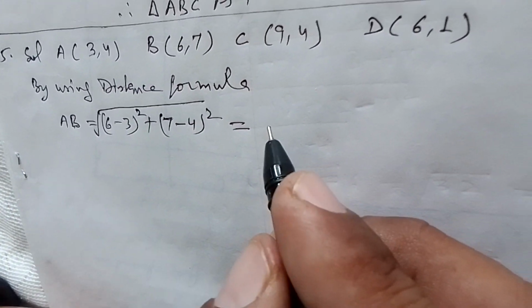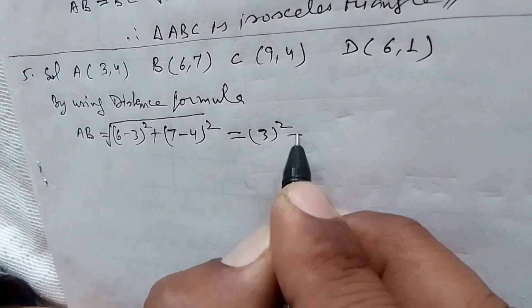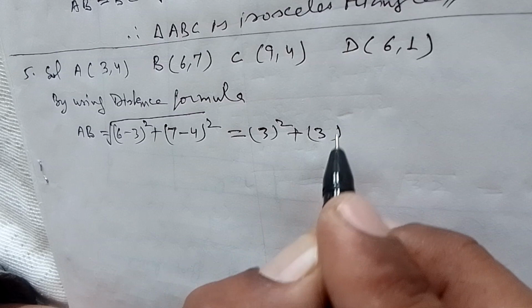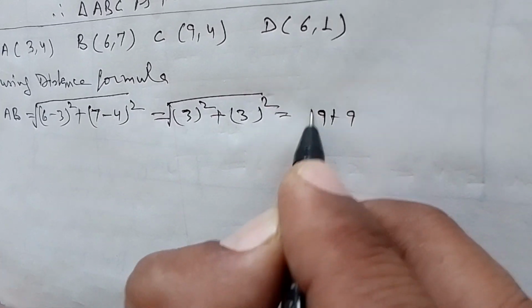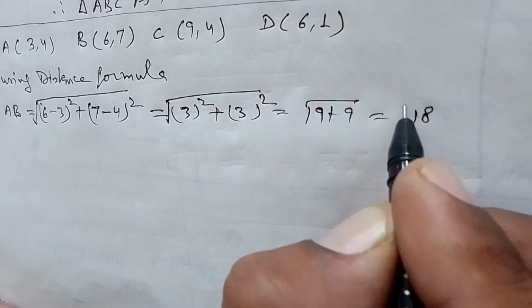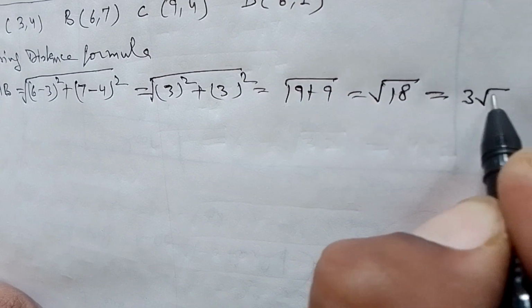So it will come out to be root of 3 squared plus 3 squared, which is 9 plus 9, root 18. Root 18 can be further simplified as 3 root 2.